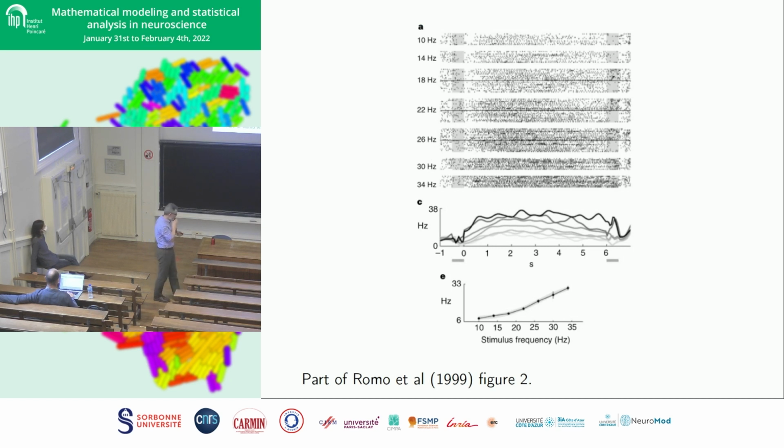And what you see when you find one neuron that exhibits sustained activity during the delay period is that now for these neurons, the rate during the persistent activity is linked to the frequency of vibration.